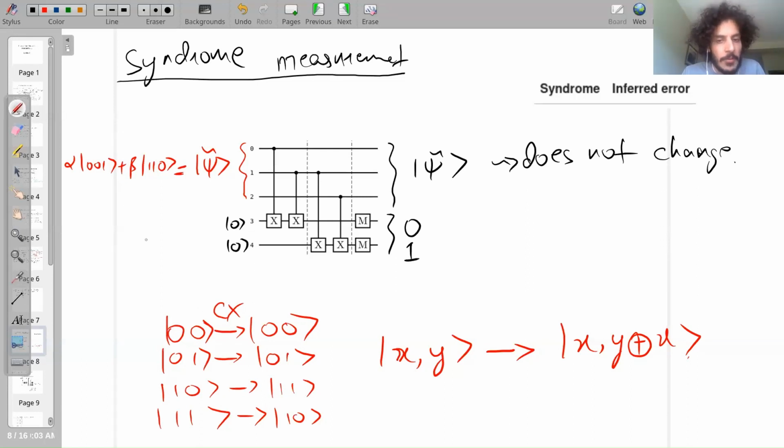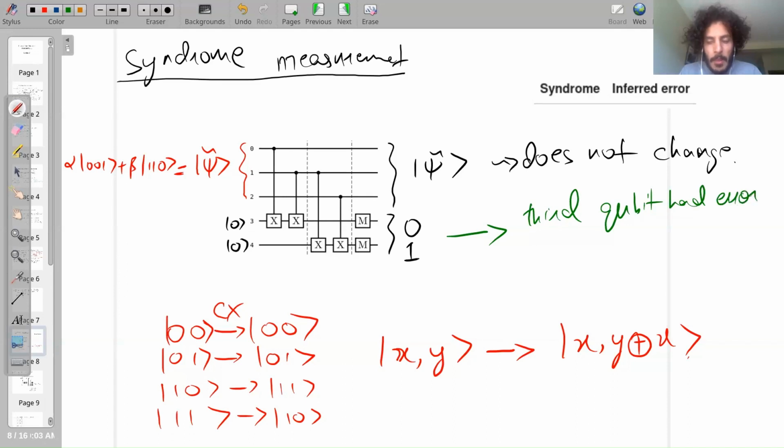So now, if we know that it is the third qubit which experienced error, this tells us the third qubit had a bit flip. Apply x3 to correct.